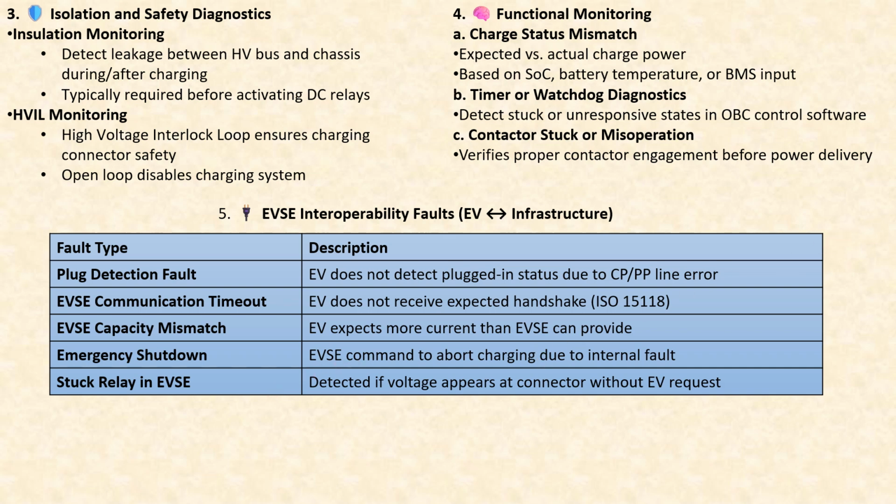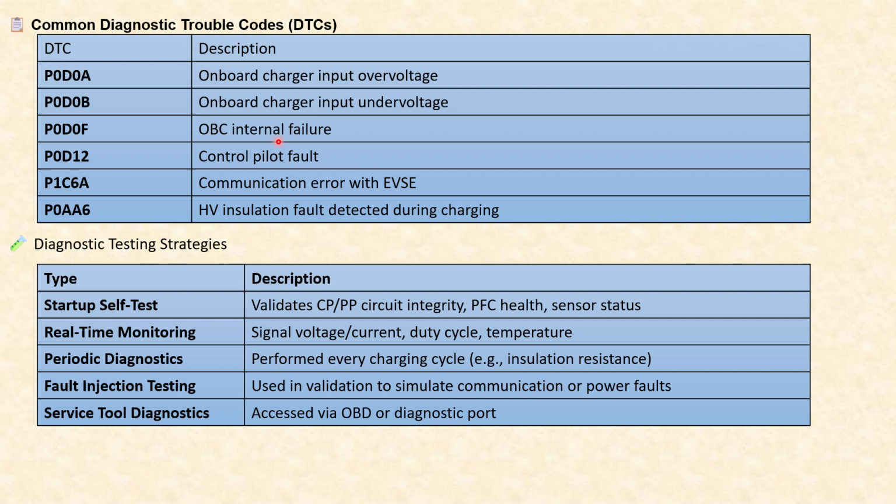So these are the various fault types that need to be kept under vigil with the help of the diagnostics. Now, what are the common diagnostic codes when it comes to the charging point? The first diagnostic code is P0D0A, and the description is onboard charger input over voltage. Second is P0D0B, exactly the same except that it is under voltage.